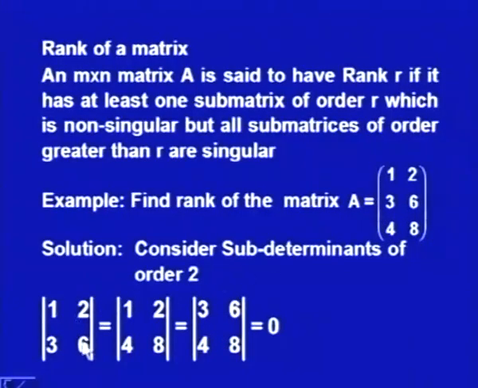If you compute the determinants of these matrices, one can notice that this determinant is 0, 1 into 6 minus 2 into 3 is 0. This determinant is also 0, 1 into 8 minus 8 is equal to 24 minus 24. So, determinant of all these submatrices is 0. So, this matrix cannot have rank 2.